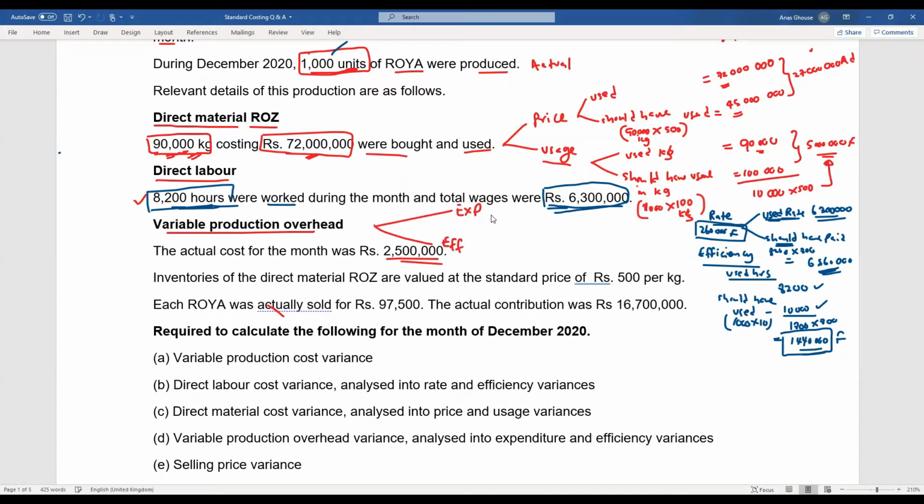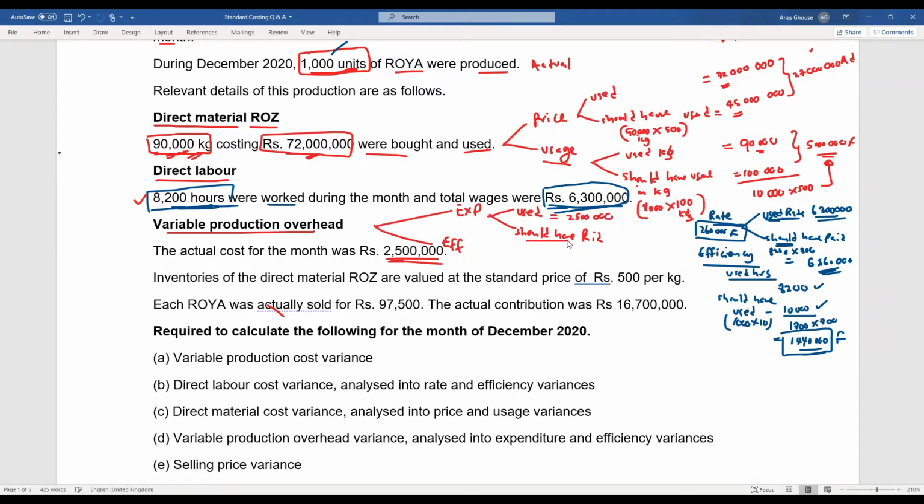For the expenditure variance, we compare how much was paid with how much we should have paid. The actual cost for the month was 2.5 million, so 2.5 million was paid.